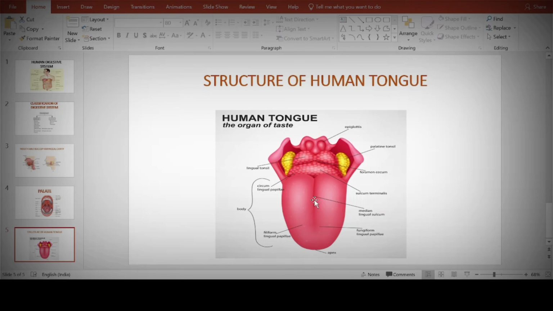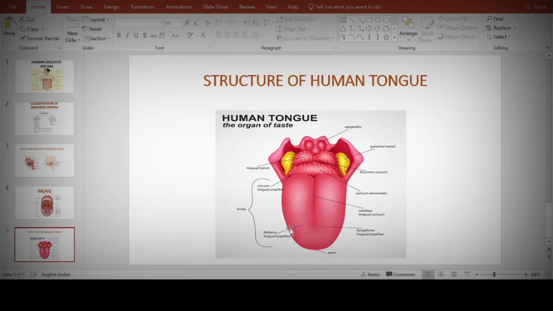Moving further, we can talk about filiform papillae. Why are they called filiform? They give the appearance of a conical shape, so they are also called conical papillae. Unlike fungiform, they are somewhat white colored.